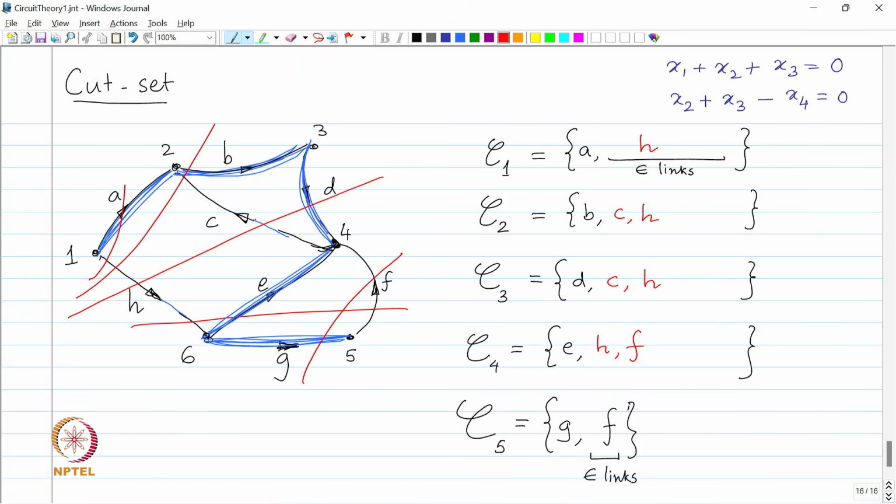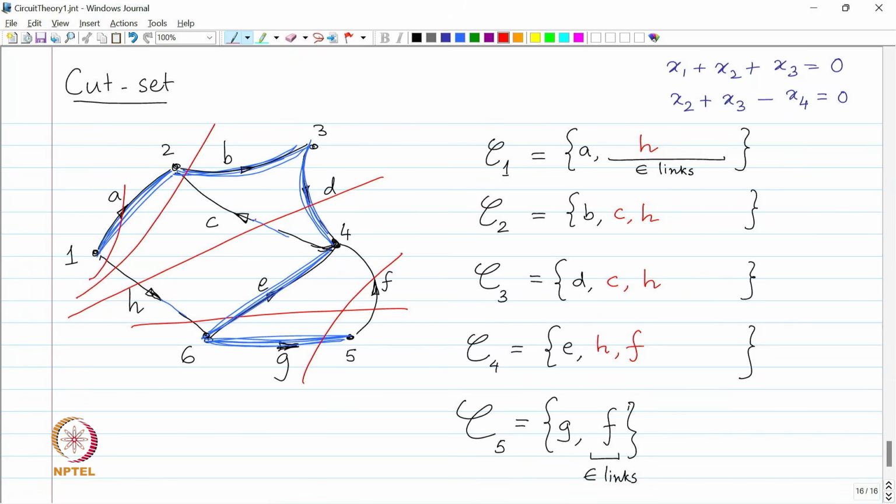So, these are all my cut sets. Now, these we are going to call them fundamental cut sets, right, arbitrarily right now. What is going to be fundamental about them? Just like the fundamental loops, these are going to be fundamental cut sets, because I can construct other new cut sets by combining fundamental cut sets.